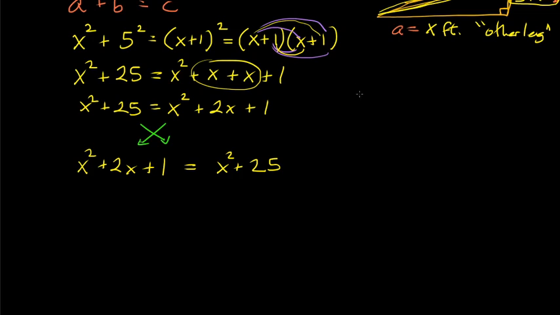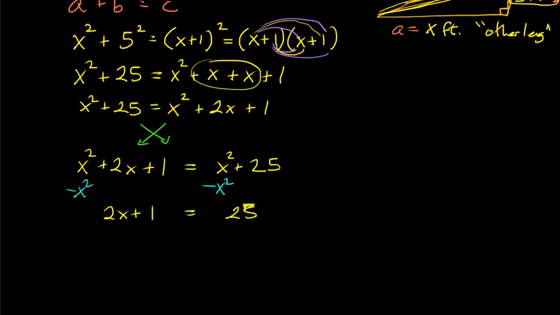I hope you see that, right? I mean, if I write a equals 7 or 7 equals a, it's the same thing. So we know that. All right, so now we want to get 0 on the right. So I got to subtract the x squared from both sides. And that just leaves us with 2x plus 1 equals 25.